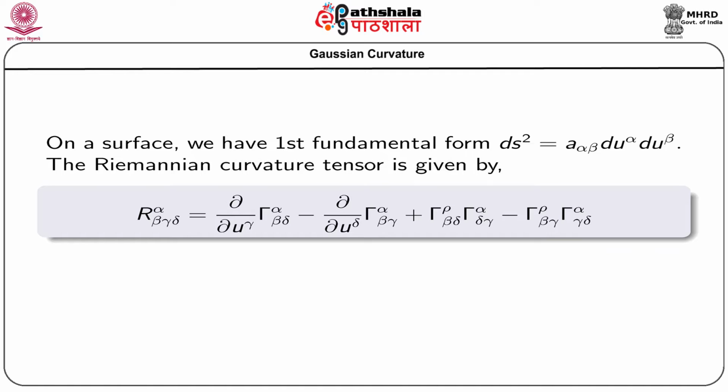So, here we are expressing this Riemann curvature tensor for a surface, and it takes this form: R alpha beta gamma delta equals del u gamma of Christoffel symbol alpha delta beta minus del u delta of Christoffel symbol alpha gamma beta plus Christoffel symbol rho beta delta Christoffel symbol alpha gamma rho minus Christoffel symbol rho beta gamma Christoffel symbol alpha delta rho, where these are the Christoffel symbols of the second kind.